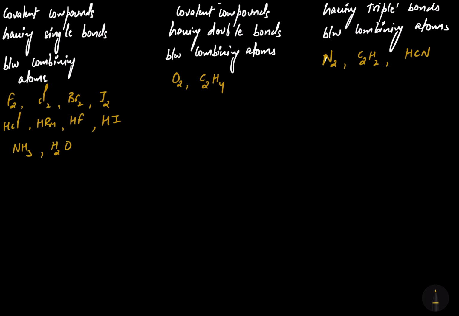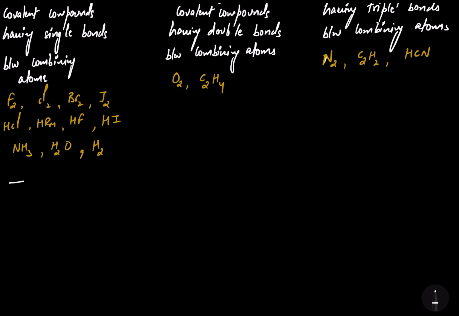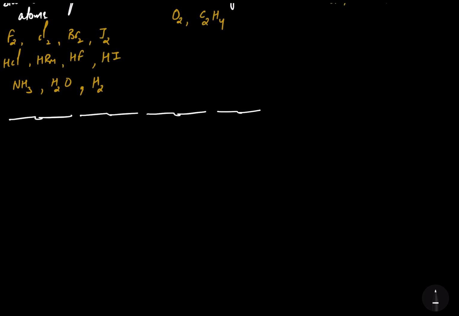I'm starting with the very simplest one, H2. The first example is H2. What's the atomic number of hydrogen? It's 1. So hydrogen will have 1 electron in its valence shell.